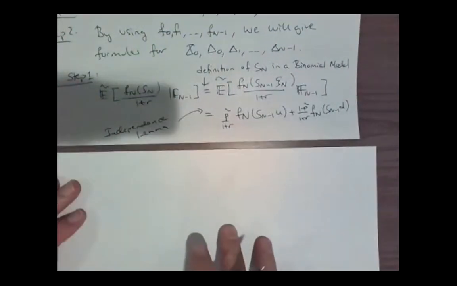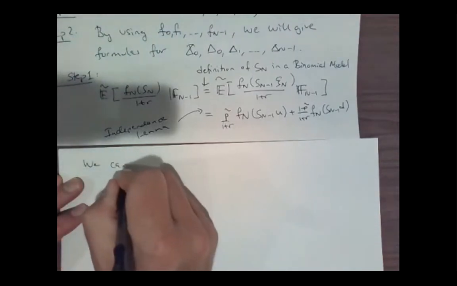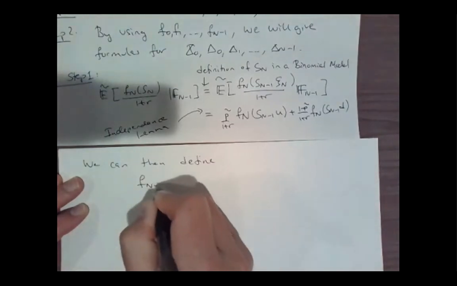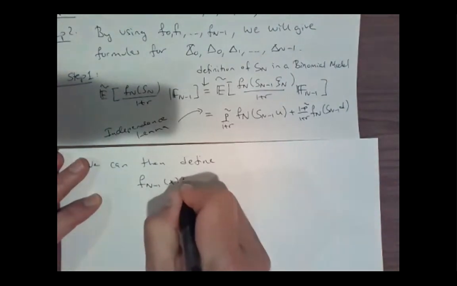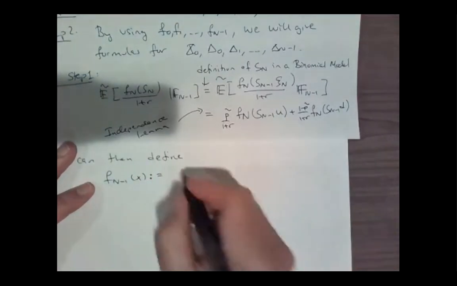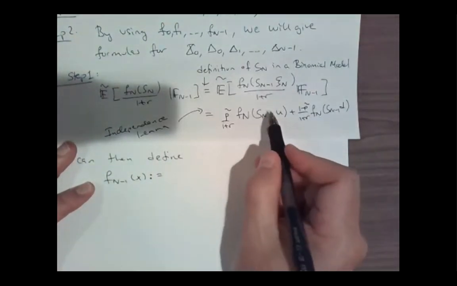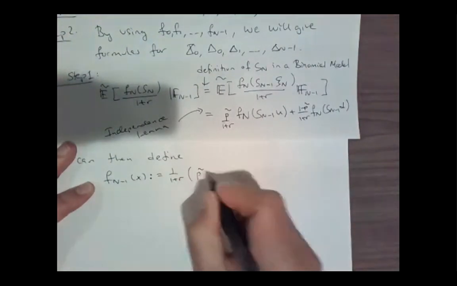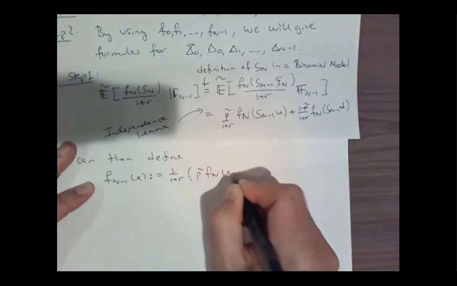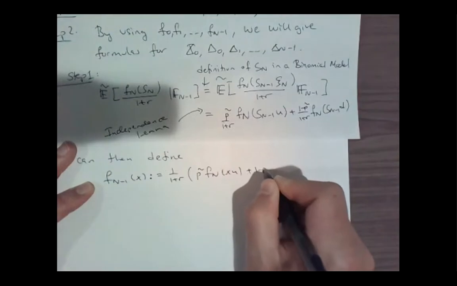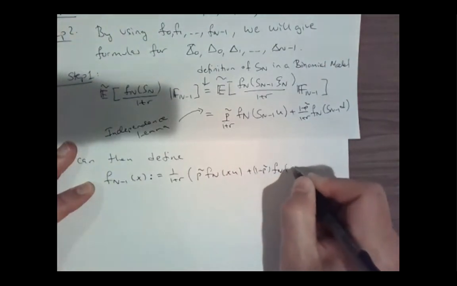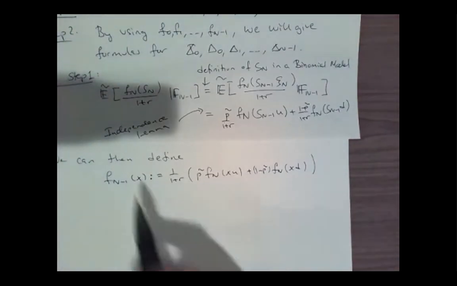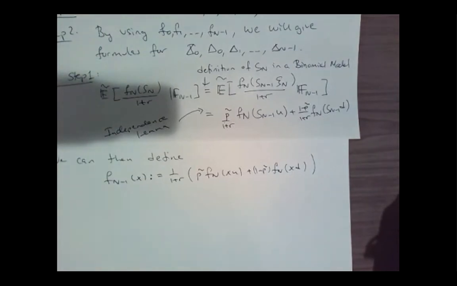And so this allows me to define my f_{N-1} of x. This is defined as this formula over here where I replace the random quantity by a dummy. So this will be 1 over 1 plus r, p tilde f_N of xu plus 1 minus p tilde f_N of xd. We were given f_N, and here we got f_{N-1}.